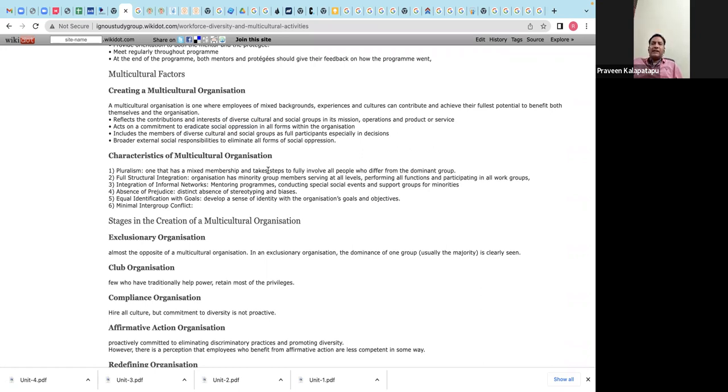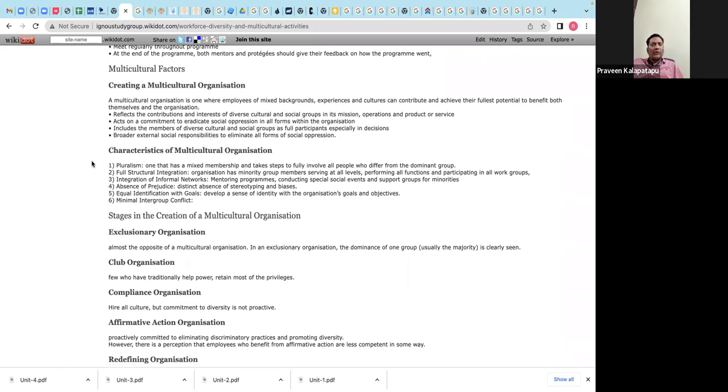And these organizations include members from multiple diversities, and they enable them to take decisions. So they are in decision-making authorities. They will include them in that, right? So this is how you create a multicultural organization. Until now, the points that we read are on how you create the multicultural organization.